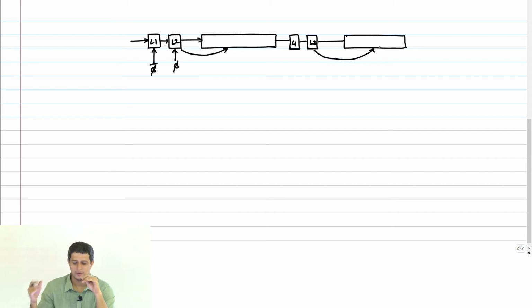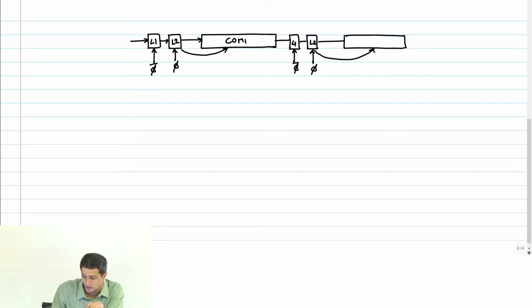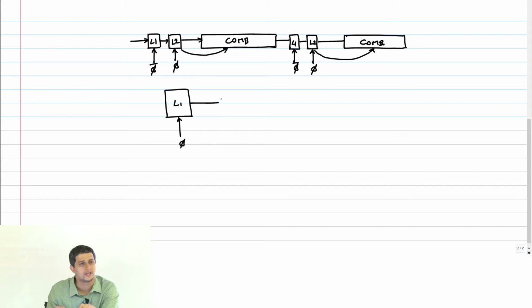But of course, this is phi bar and phi again. This is a combinational block. So the idea here is to take this and split it as follows. L1 running, let's say, on phi. Now don't worry about whether it's a positive latch or negative latch.